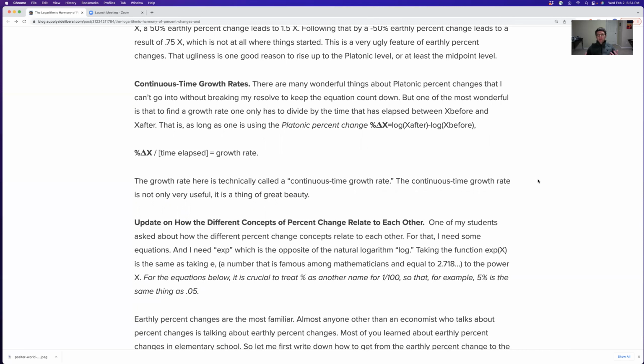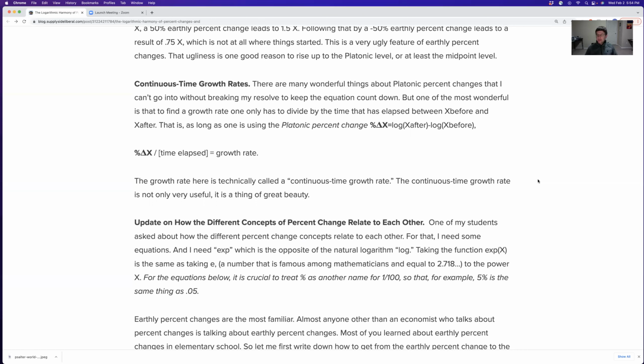And you really have, just to review some of the key concepts. One of the key concepts is the rule of 70, that a 70% Platonic percent change, think of that as a doubling, and minus 70% Platonic percent change, think of cutting it in half. And you can go both ways there.